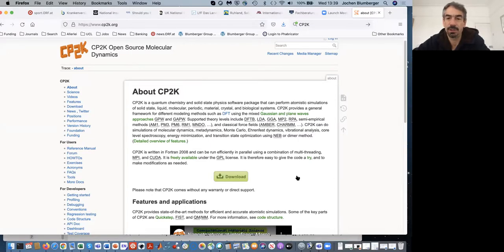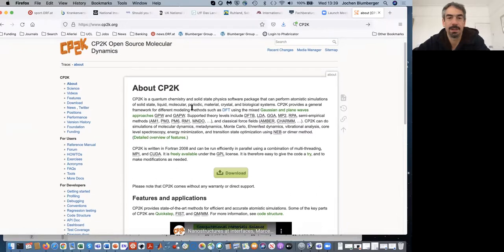And so you can see the functionalities of this. It's a quantum chemistry and solid state physics software package, which can perform atomistic simulations of solid state, molecular, periodic, material, crystal, and biological systems. In the ab initio MD context, for each MD time step, it solves the Kohn-Sham equations, right?